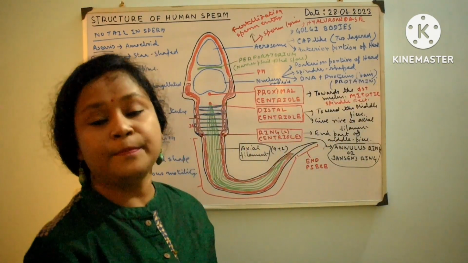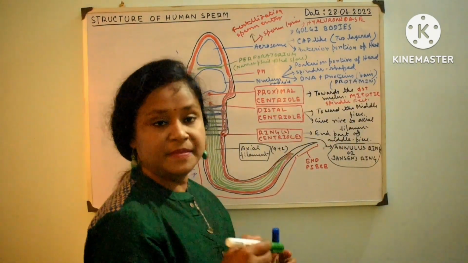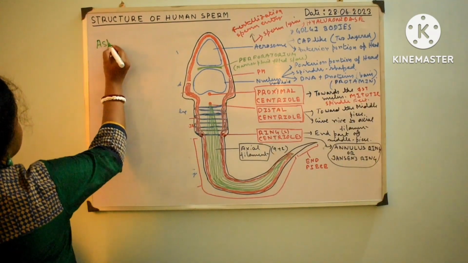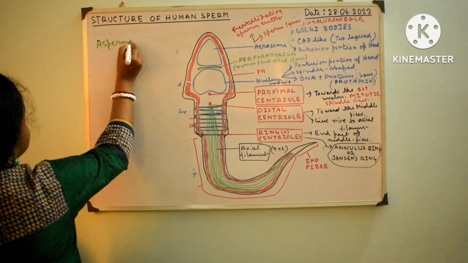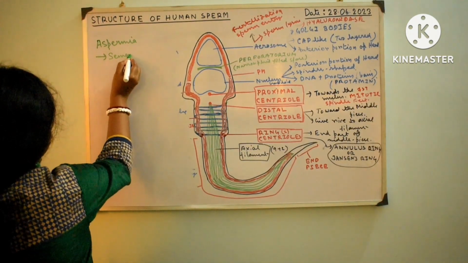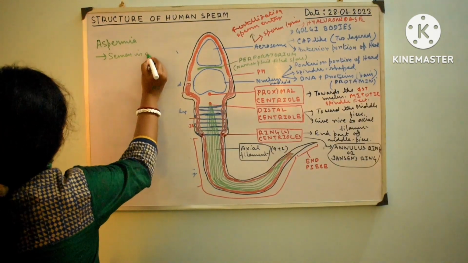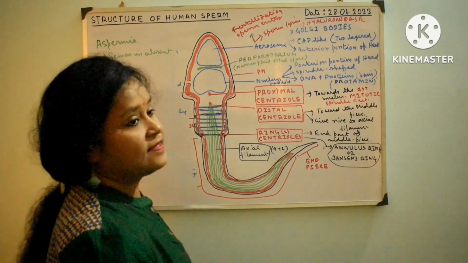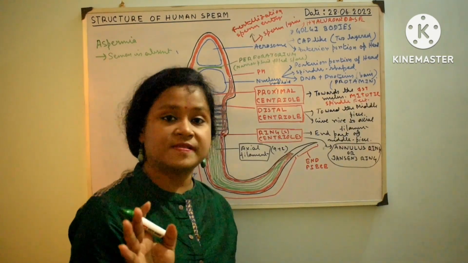Let's discuss some pathogenic conditions. Aspermia means semen is absent, as well as sperm also is absent.